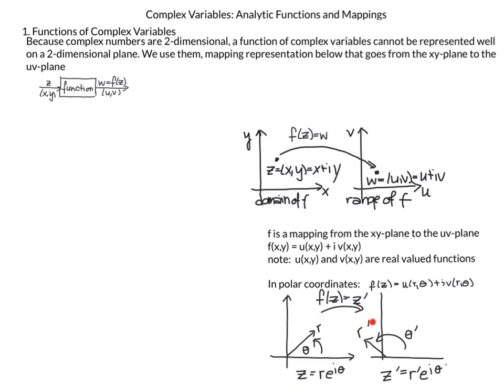So you get a new r prime and a new theta prime. So z prime is equal to r prime e to the i theta prime. Then you can think of this f of z, you can break it up into a function u that maps to the real part of z prime, and v that maps to the imaginary part of z prime.